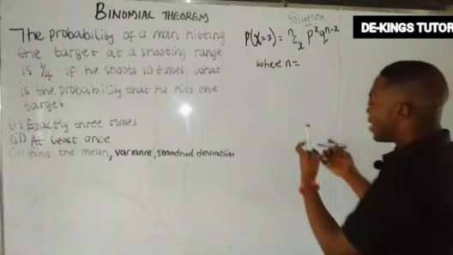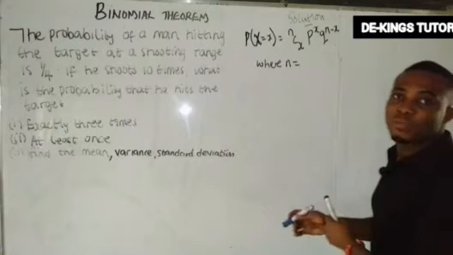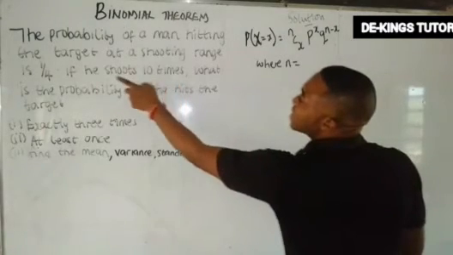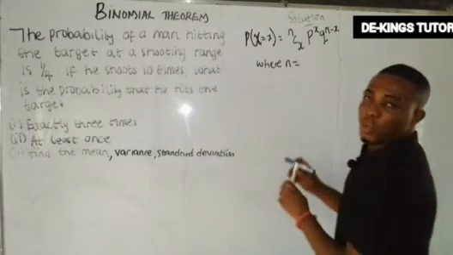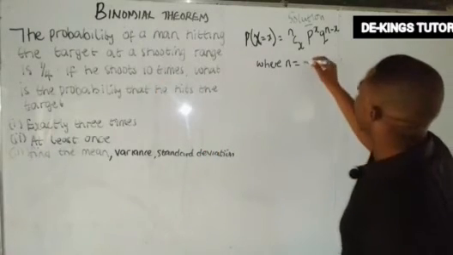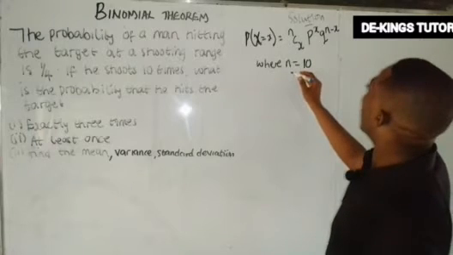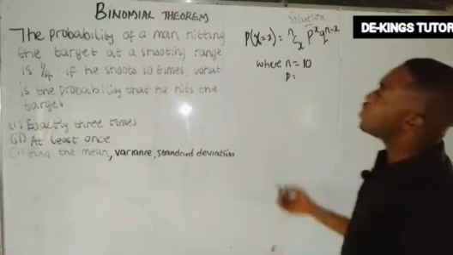We said when we were defining it, n is the number of trials. So he's shooting 10 times, which means 10 is the number of trials. So our n here is 10.